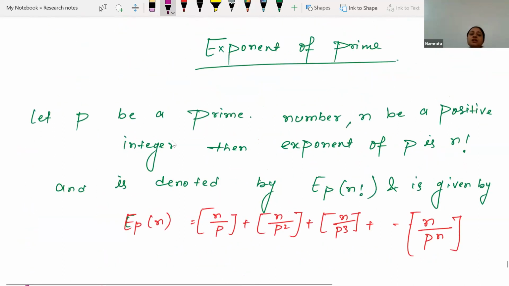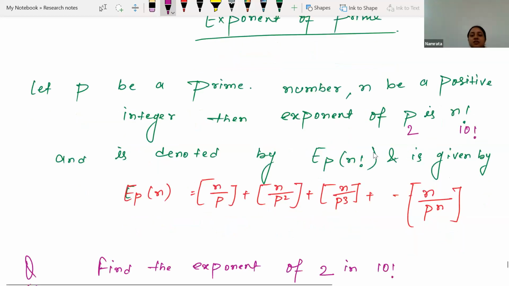What the formula says: if p is a prime number and n is a positive integer, then the exponent of p in n factorial. Here 2 is a prime number, we have to find the exponent of 2, and 10 is a positive integer.